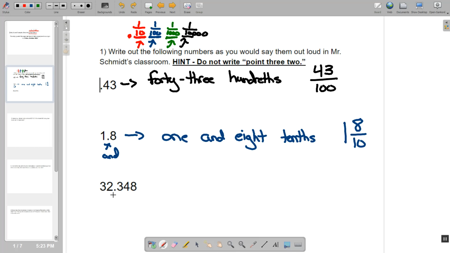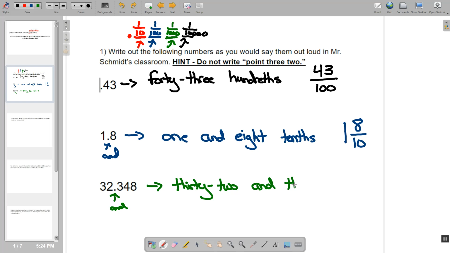Now, the last problem is definitely the hardest one that we have on this page, but we still have the "and," so it's 32 wholes. And now the next part is definitely hardest. So this is the third decimal place, which is the thousandths place.